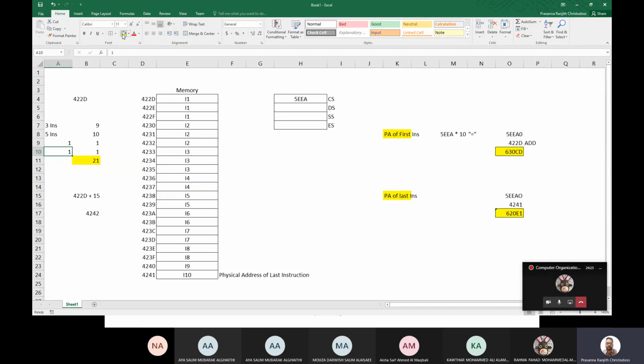So this should be 20, not 21. You take 20, and this will be 14. So the correct one is 4 2 4 1. Do you see this one and this one are matching now?